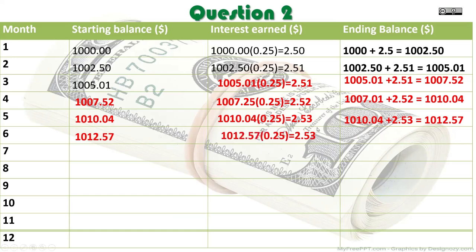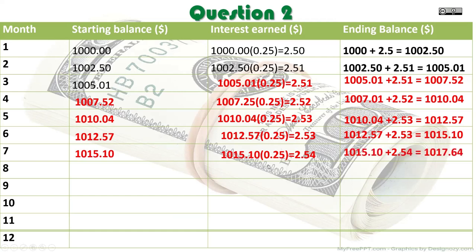And we continue this process. So finally, after the sixth month, we get $1,015.10. So the $1,015.10 becomes our new starting principal in the seventh month. We continue the calculation we have been doing, to end up after our seventh month with $1,017.64.